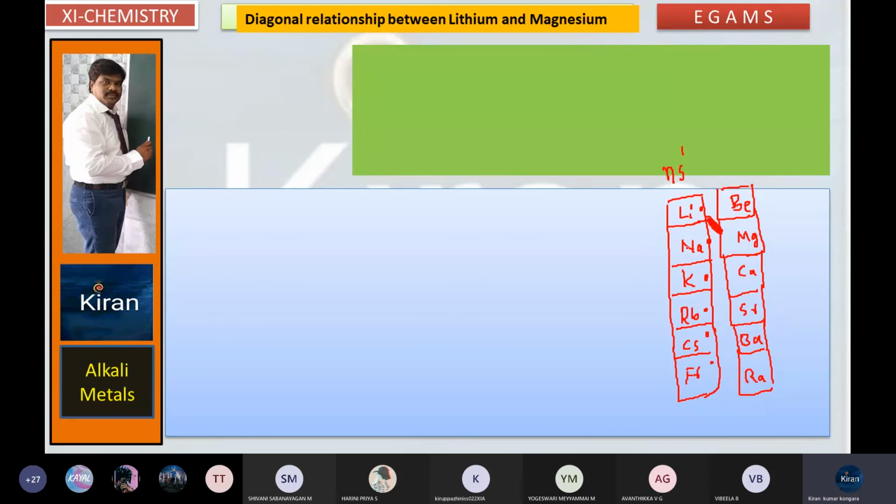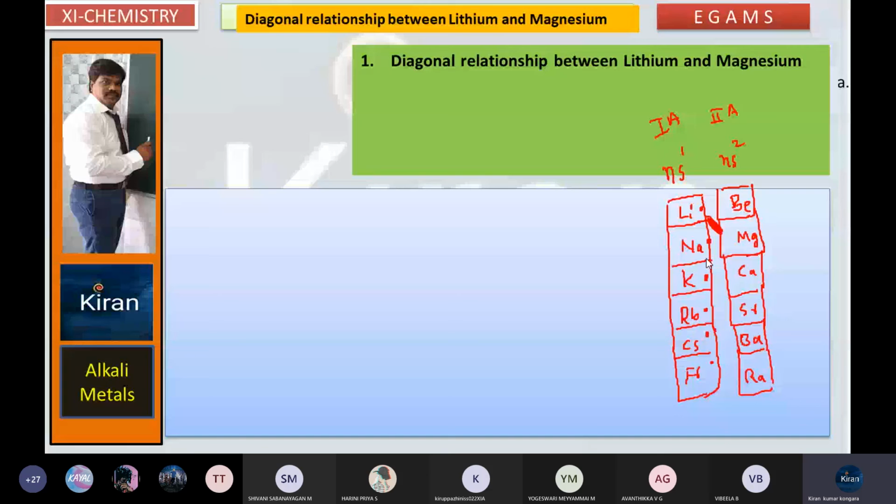Actually, members of one family have the same properties, but here a member is related to a member of another family. This is 1A and this is 2A. The first A group element lithium has similar characteristic properties to the second A group element magnesium. This type of relationship is known as diagonal relationship. We'll see the diagonal relationship between lithium and magnesium one by one.